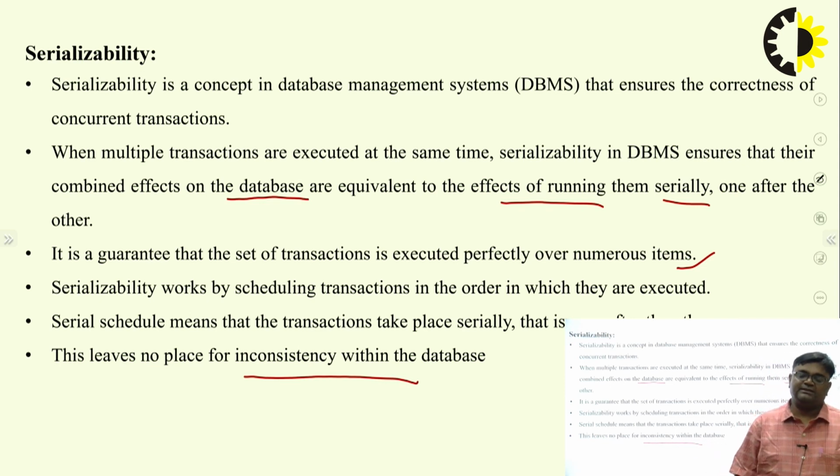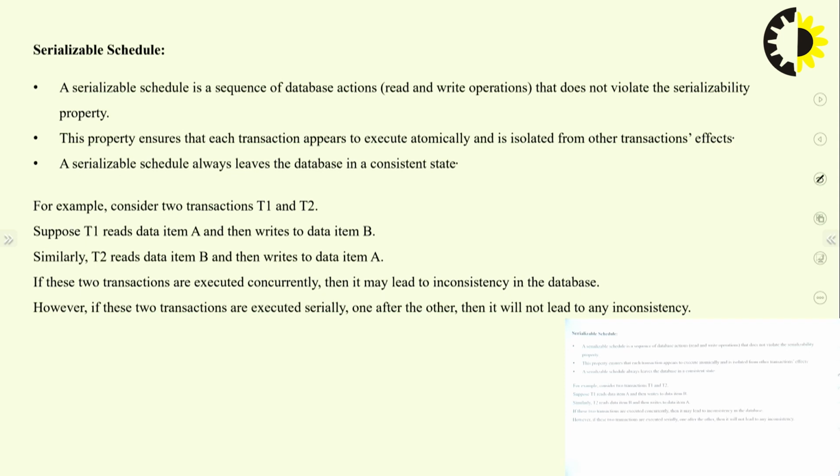A serializable schedule is a sequence of database actions like read and write operations that does not violate the serializability property. This property ensures that each transaction appears to execute atomically and is isolated from other transactions' effects. A serializable schedule always leaves the database in a consistent state.